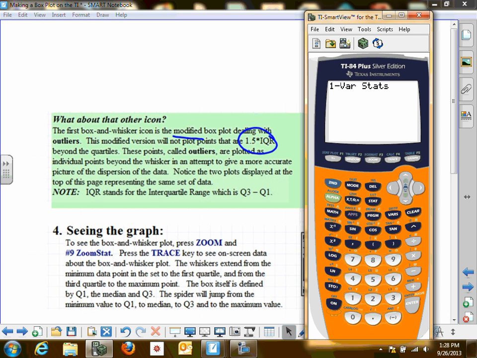If you have your list somewhere else, you need to tell it to calculate that information for L2. So then you can tell it another list. Otherwise, if there's nothing there, or you put L1 there, it will calculate the statistics for that. So let's hit enter.